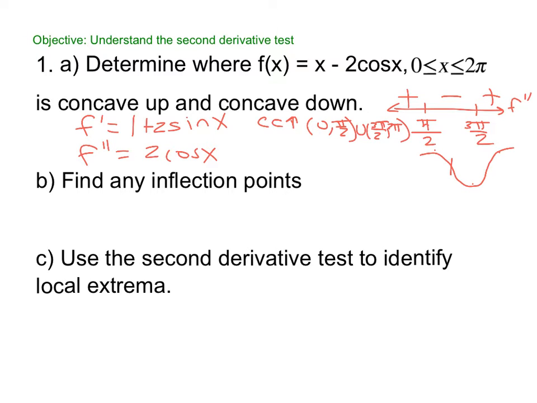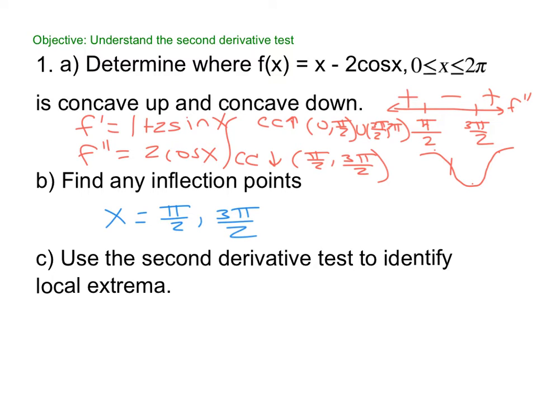Sorry, it's messy. And then concave down from pi over 2 to 3 pi over 2. Find any inflection points. Well, we just found them, right? The inflection points are pi over 2 and 3 pi over 2.